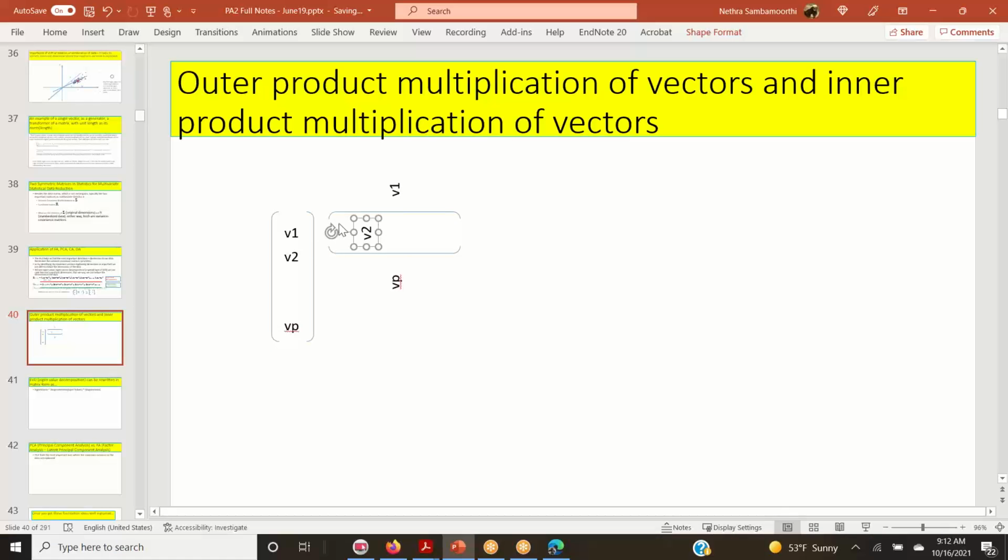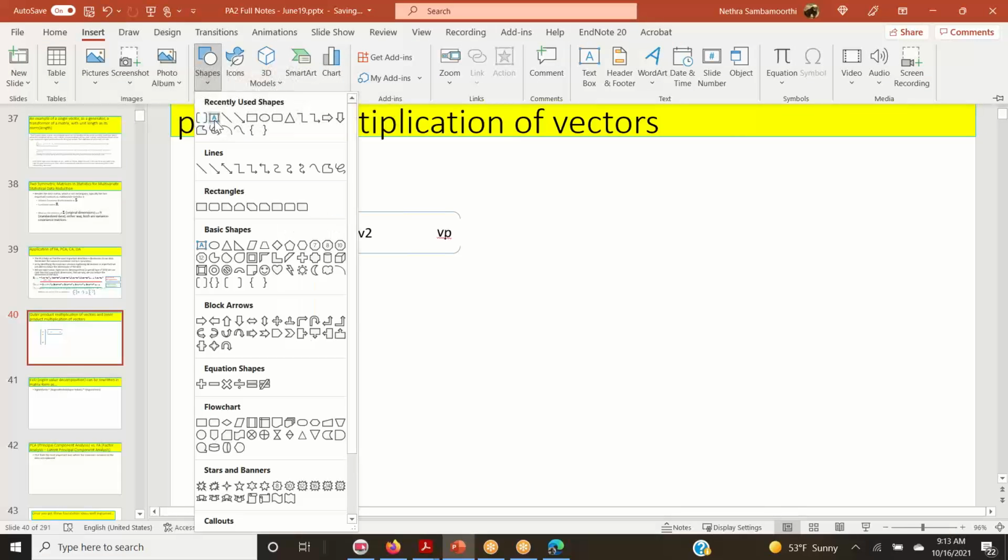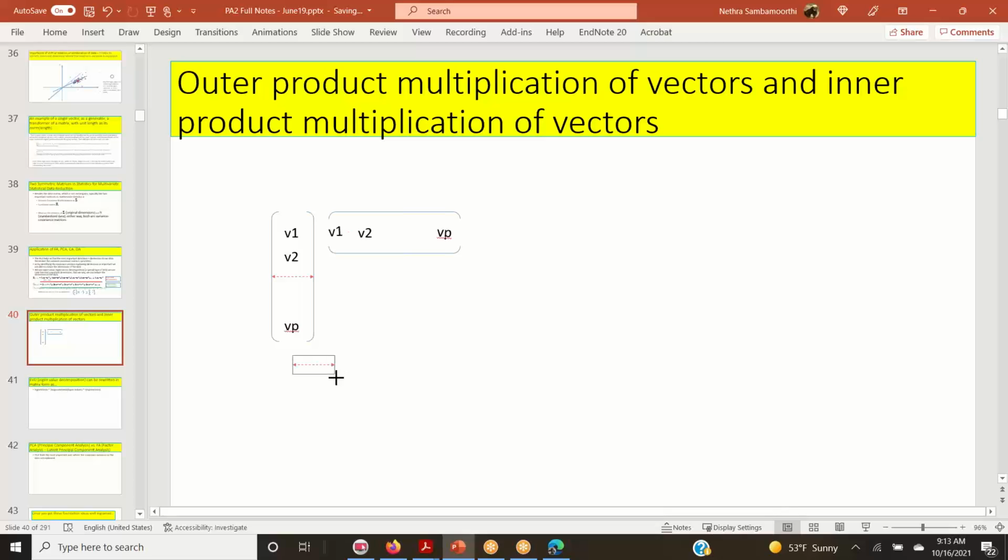So this is B2. Okay. So this is how many rows and how many columns? This is P by 1. All right.